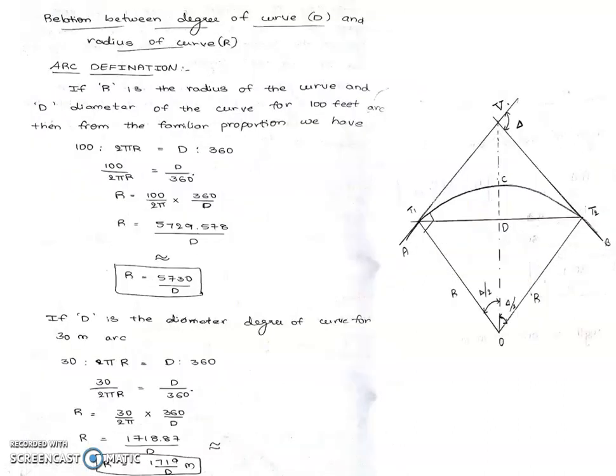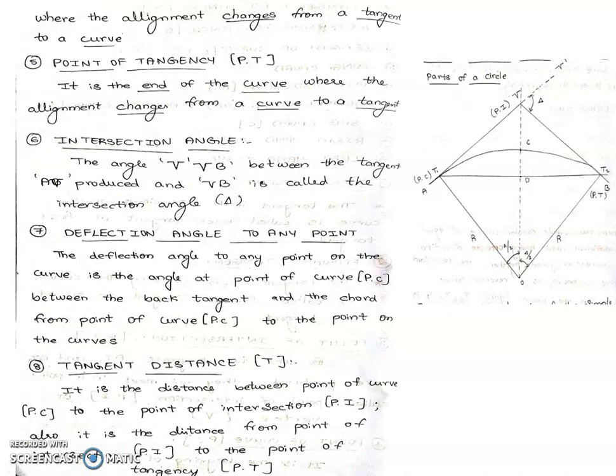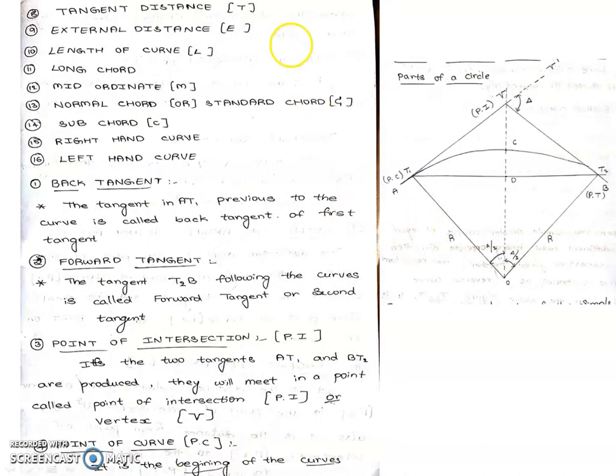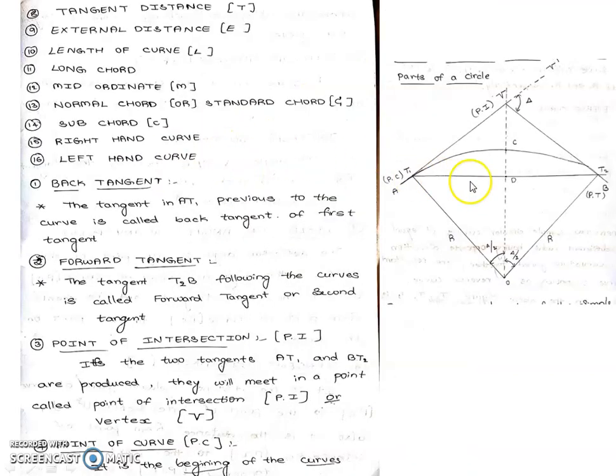Okay. So this is about the elements of simple circular curve, or parts of simple circular curve, and those are back tangent, forward tangent, point of intersection, point of curve, point of tangency, intersection angle, deflection angle. Next, long chord, length of curve, apex distance, mid-ordinate, subchord.